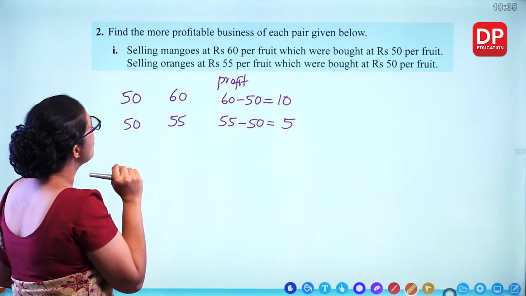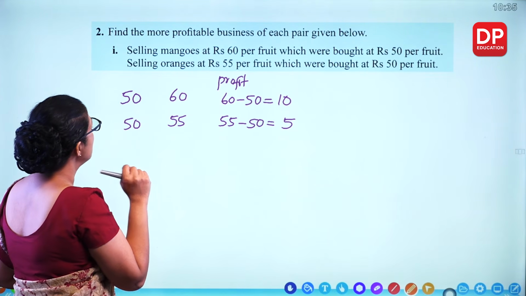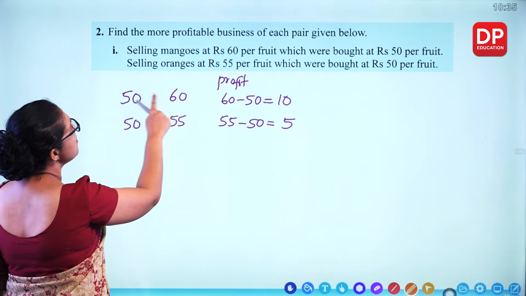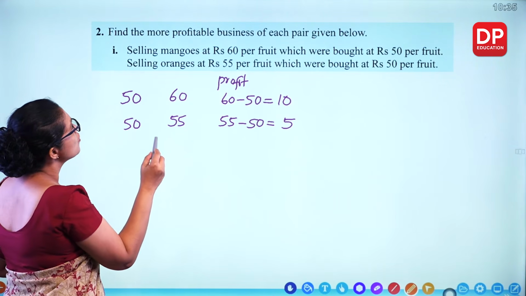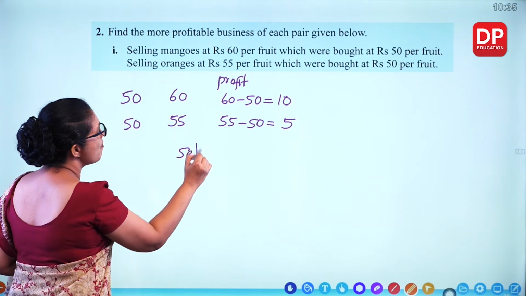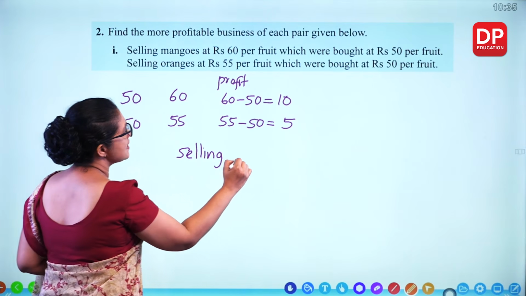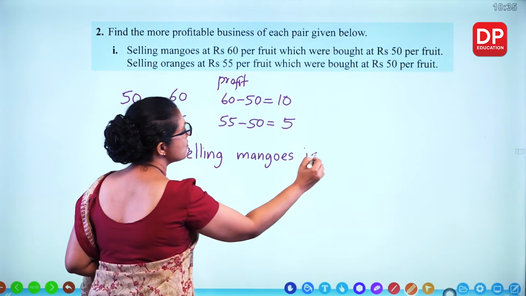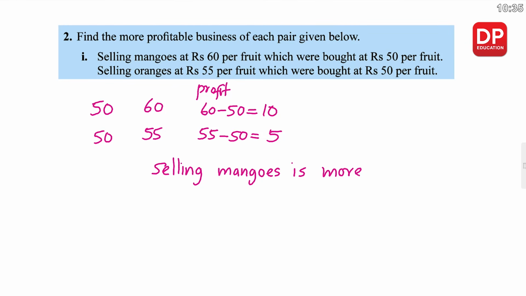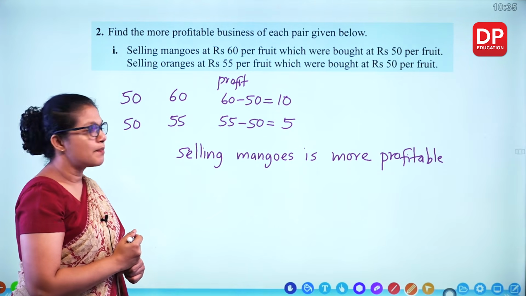So which one is more profitable? This one. So that means what's the fruit? Mangoes. So selling mangoes is more profitable in this business.